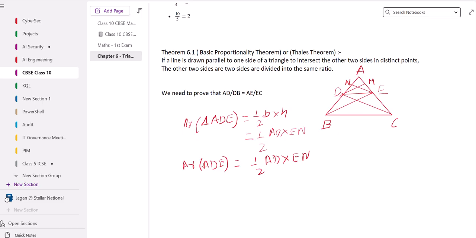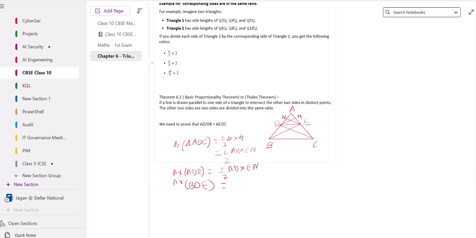Why? Because we need to prove the ratio of this side and ratio of this side. So we are taking the triangles related to this side and this side, right? So now we are taking the area of BDE also, which will be 1/2 into DB into EN.